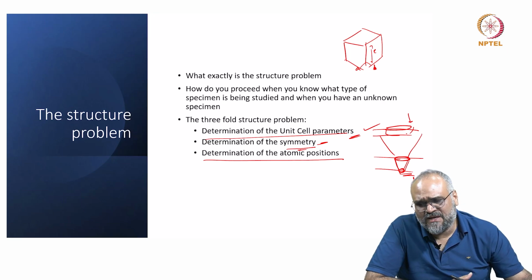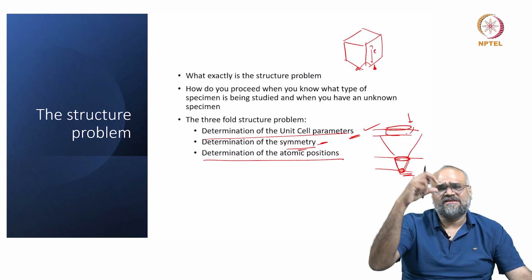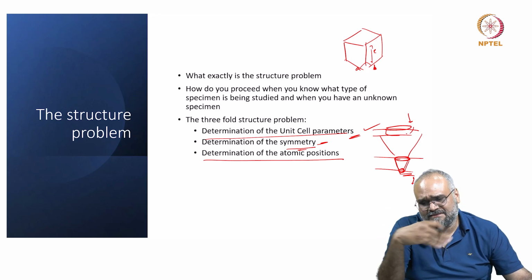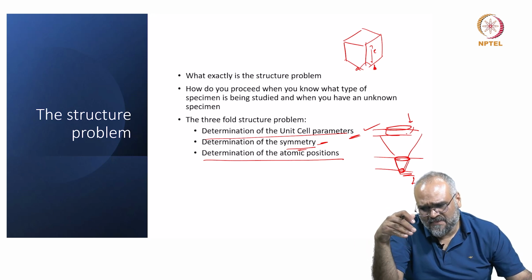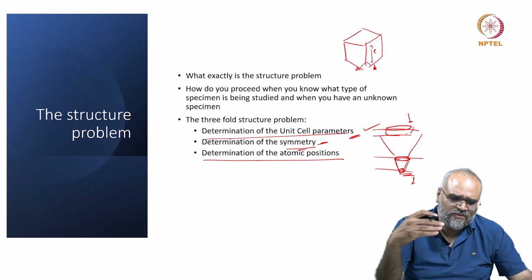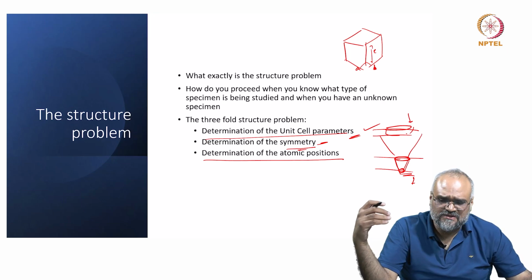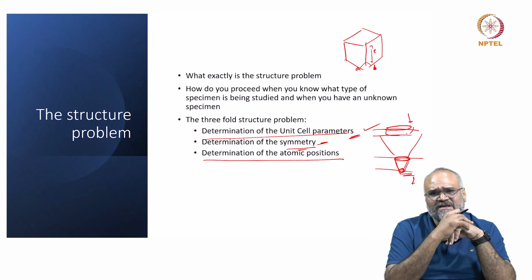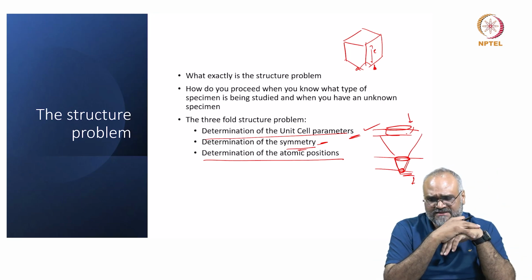Even in exit wave reconstruction, the idea is you assume a crystal structure, you simulate how the lattice image is, and you feed this into the model and iteratively converge towards a solution, and see that the image you get from an exit wave reconstruction is matching with the model you have assumed.